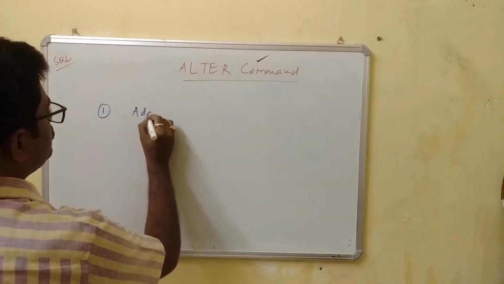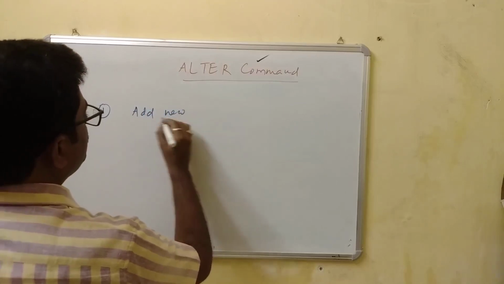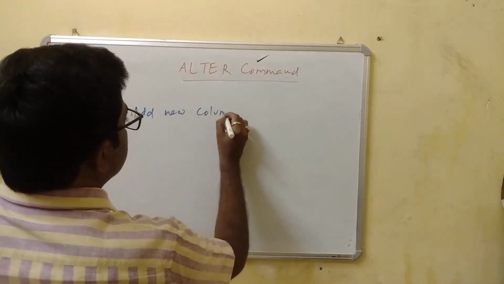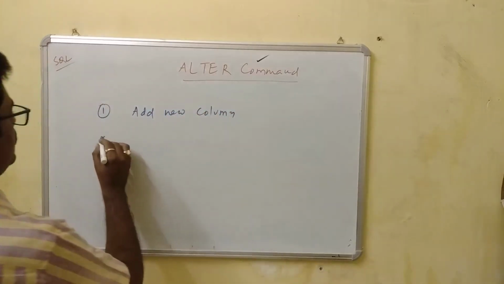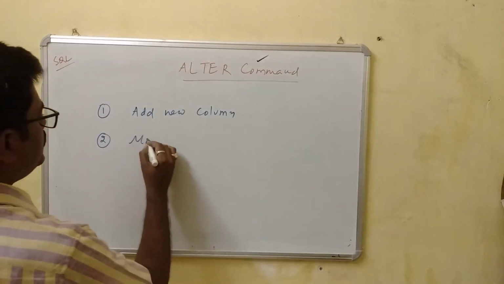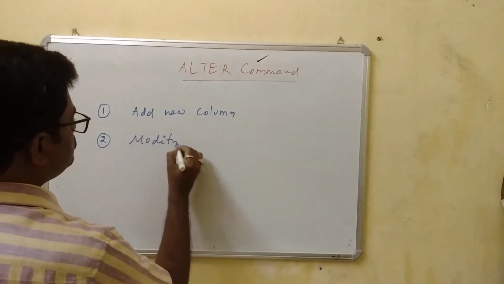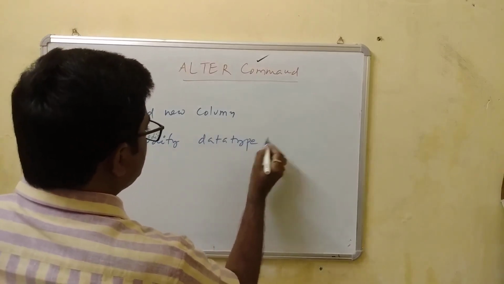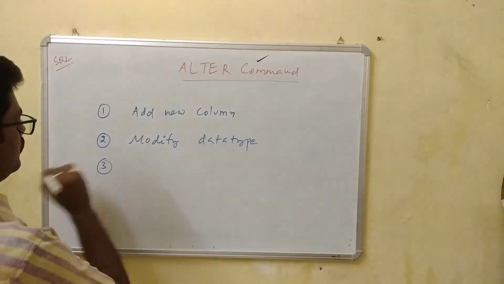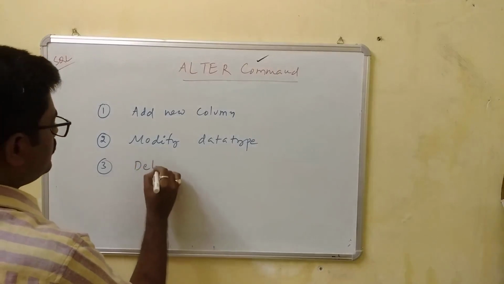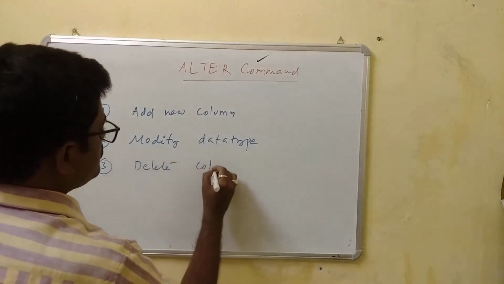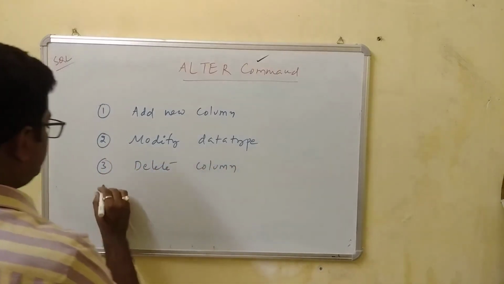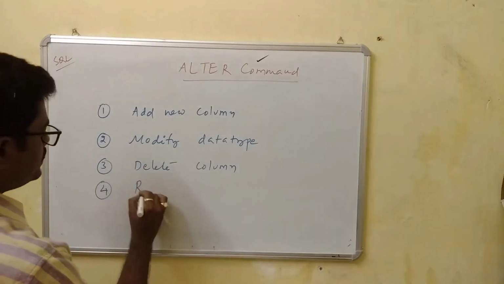We can add a new column by using the alter command. We can modify the data type by using the alter command. We can also delete a column, and we can also perform a renaming operation.